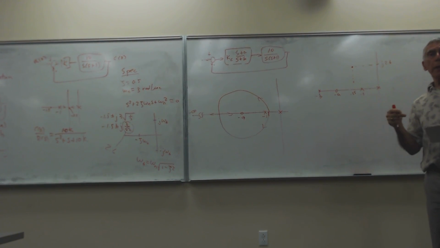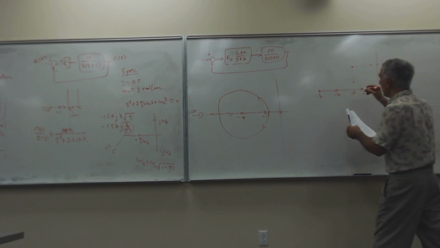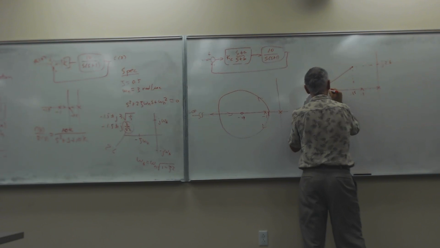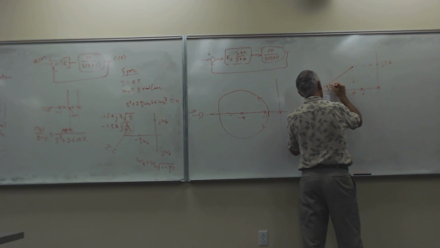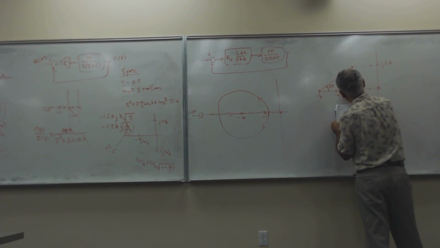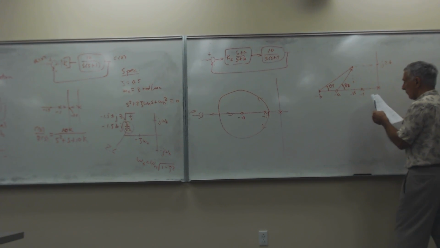We want to draw a vector from each of the poles and zeros to that desired point there. And you see what I'm getting at is the angle condition, right? When you draw a vector from each of the poles, we have this one here, and we'll call that angle theta sub p. Then we have this angle here, theta sub z, and that's at minus a.